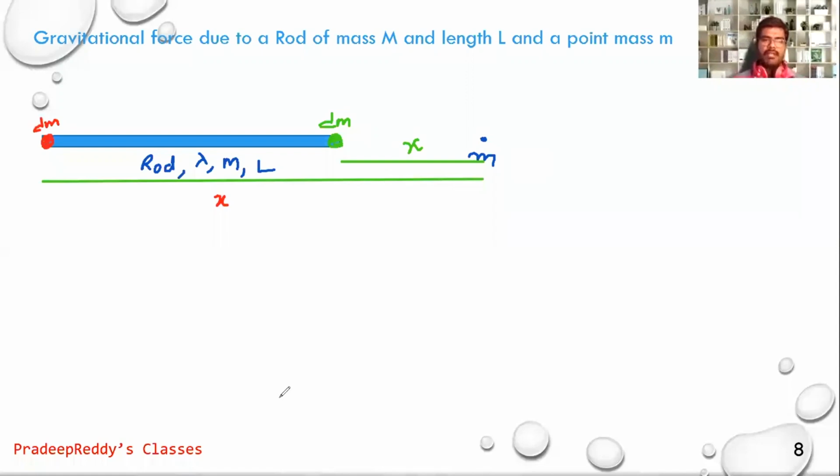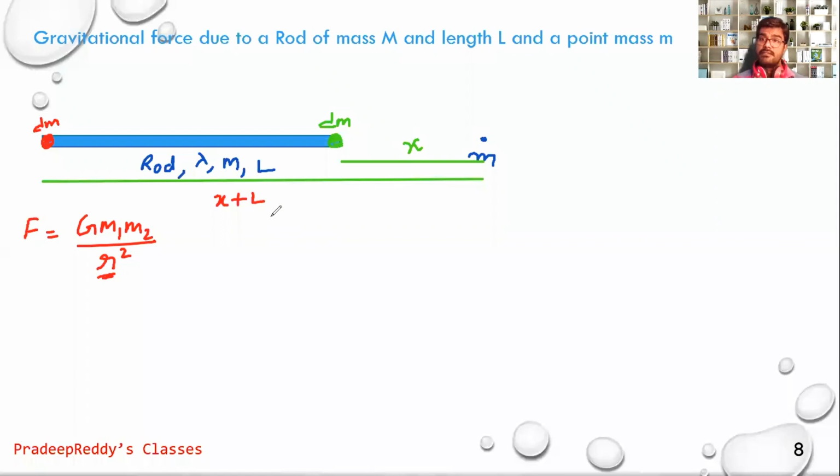As we know, the gravitational force equation is F equals capital G m1 m2 divided by r square. This r in the denominator is variable for extended masses. Is r constant in this case? r is not constant. For the rod, it extends up to L. Therefore, you cannot use this relation directly. You cannot substitute the mass of the rod and the mass of the point mass and find the gravitational force.